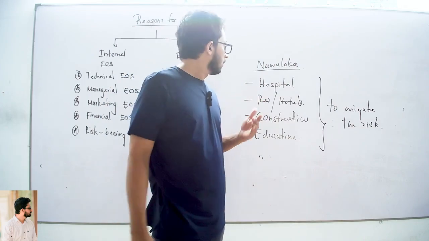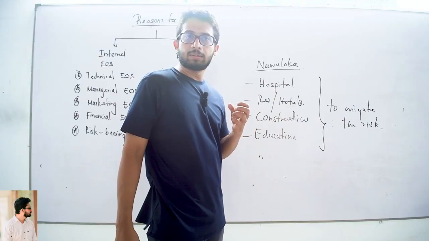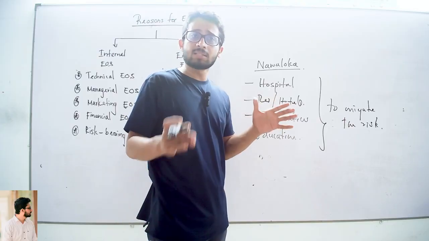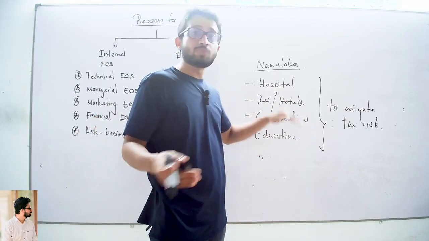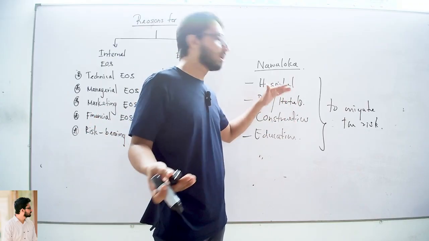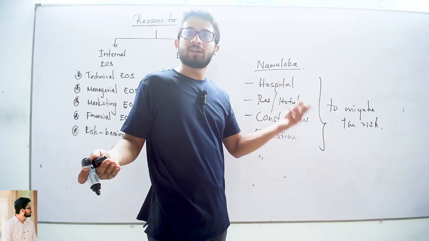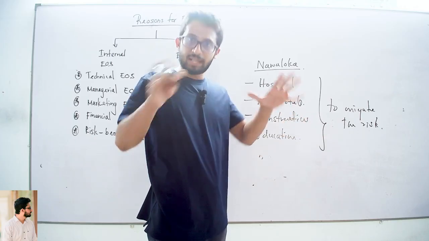If the Navaloka company engaged with only hospitals, that could be a risk. If something happened to the hospital industry, if it went bankrupt, it would be a big problem for Navaloka, the entire group.